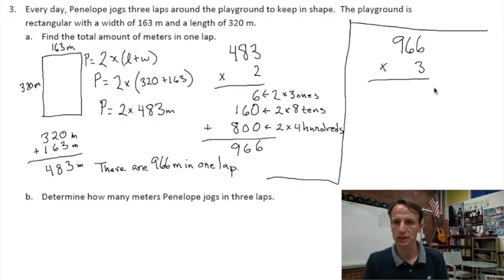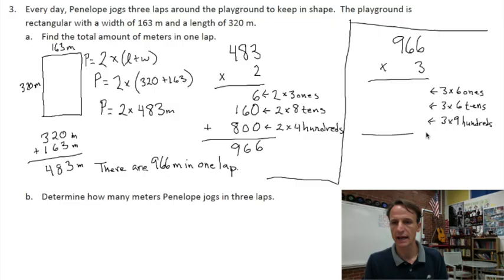So what I'll be doing is multiplying 3 times 6 ones, and then 3 times 6 tens, and then 3 times 9 hundreds. Write that nice and small, fit it in, good.